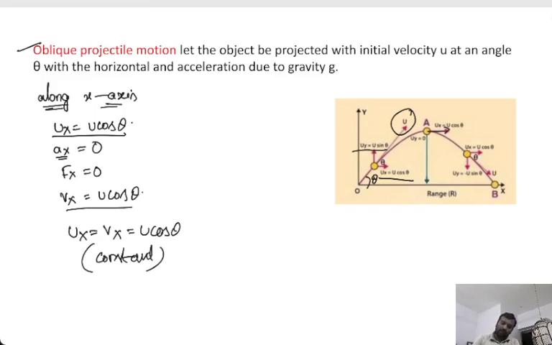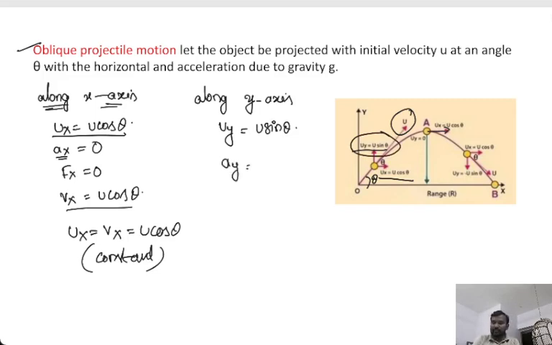Now you find out along the y-axis. The uy value: in the vertical direction, uy is equal to u sin theta. And ay: in which direction is the ball thrown? Upward direction. Then acceleration due to gravity acts in which direction?